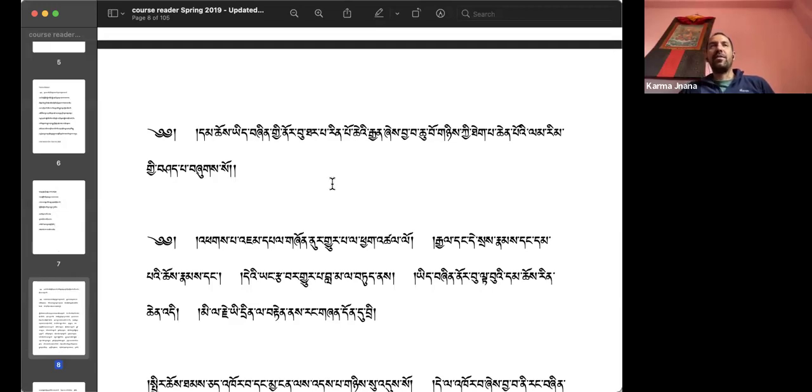His contribution is that he systematized two lineages, because before he met Milarepa, he was a disciple of Kadampa masters. Kadam is a lineage coming from Atisha.